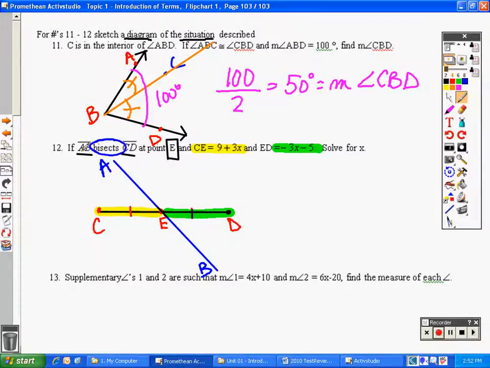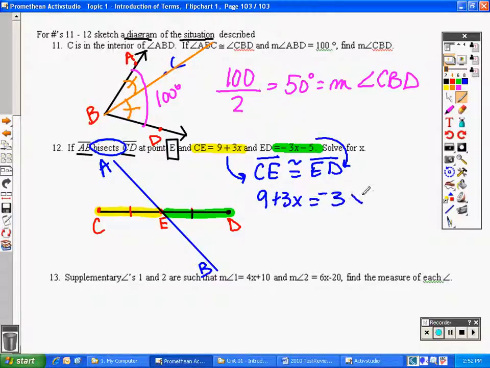And bisect means to cut into two equal parts. So that means that CE, the line segment, is congruent to ED, the line segment. So we can take this information and what they both equal and just simply plug in. 9x plus 3 equals negative 3x minus 5.